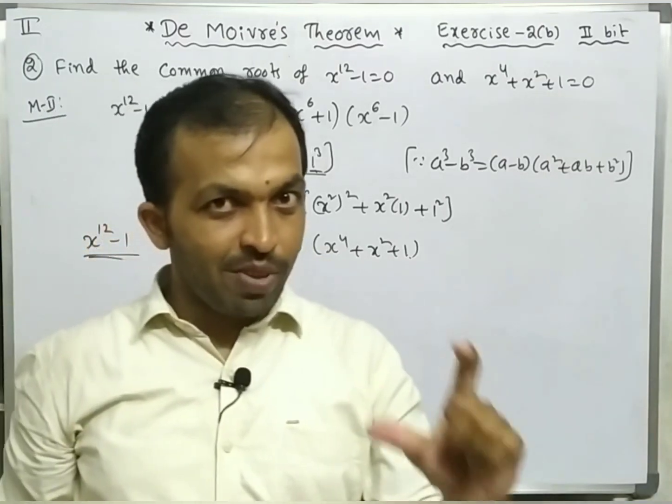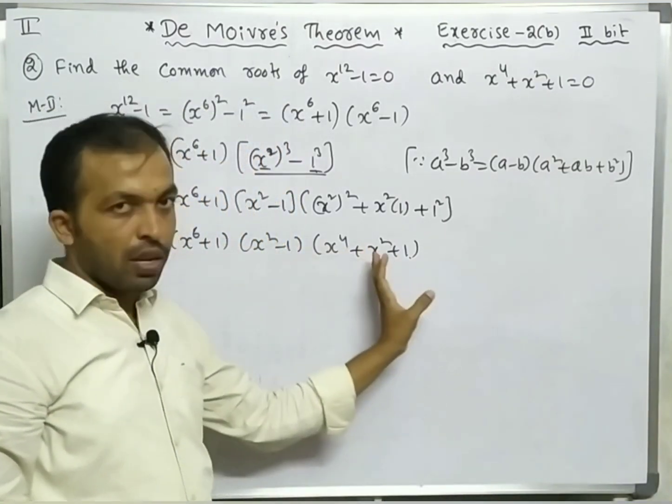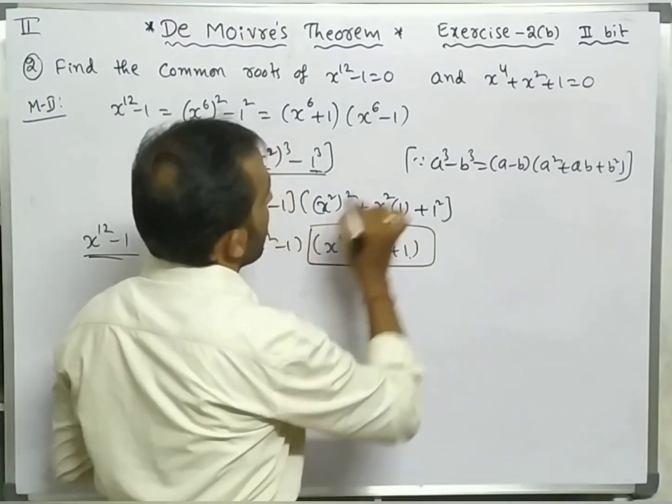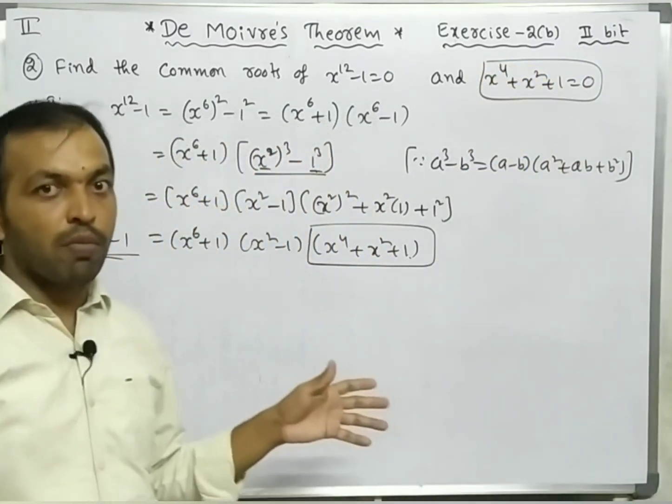Now observe. The factors of x power 12 minus 1 are these three. So here this and this equations both are the same.